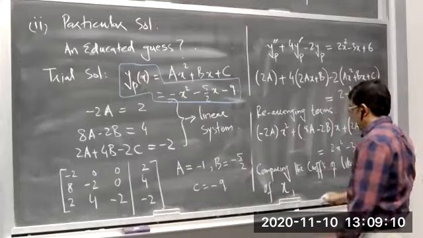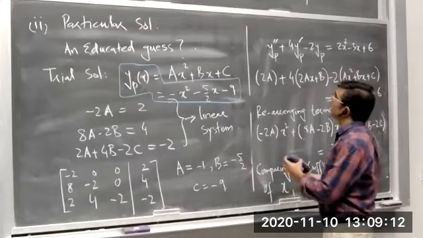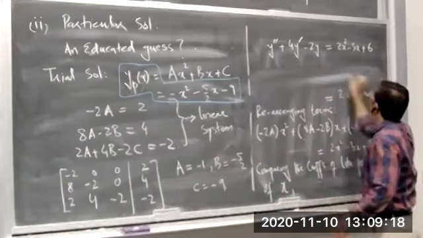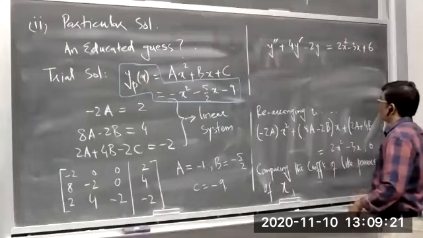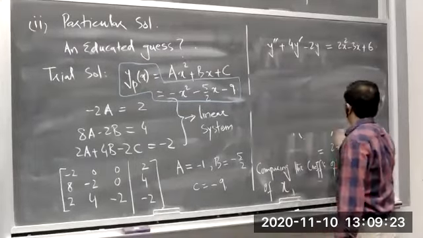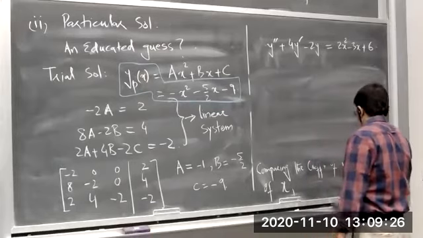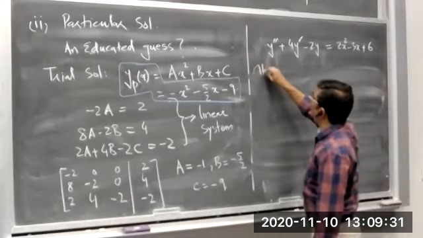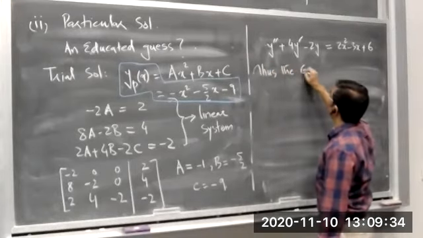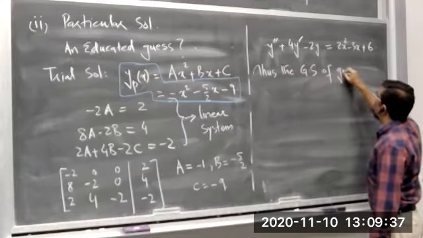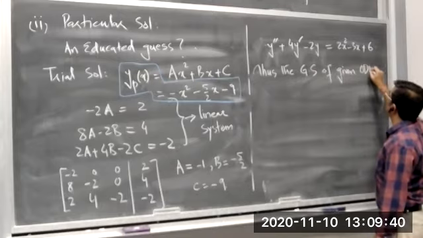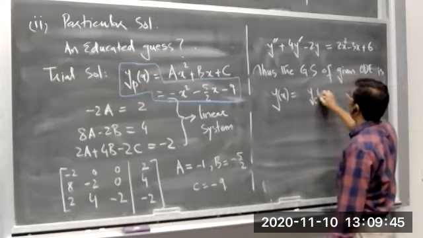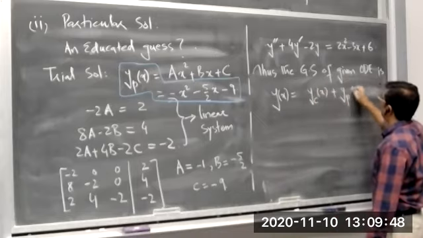If this is the particular integral, then we can write the general solution of the given differential equation. This was the given differential equation. Its general solution is what? Thus, the general solution of the given ODE is y of x, and it is yc of x plus yp of x.